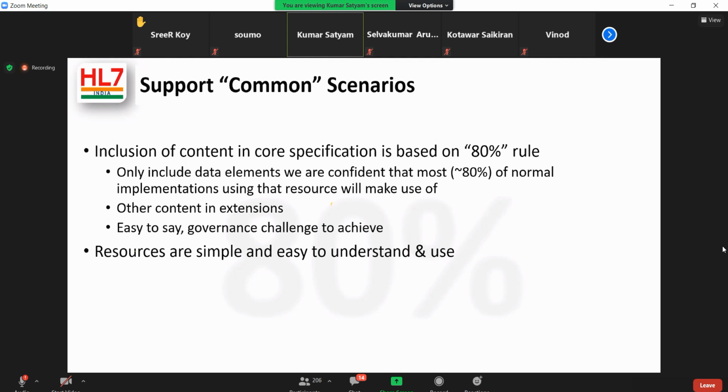You can extend the spec, and you can constrain the spec. Those things are called FHIR profiling. We'll see FHIR profiling also in upcoming sessions. And because the focus is only on widespread use cases and attributes, the resources are very simple and easy to use and understand to start with.